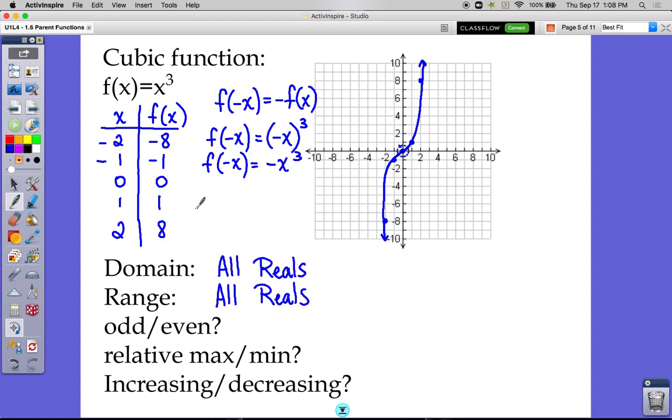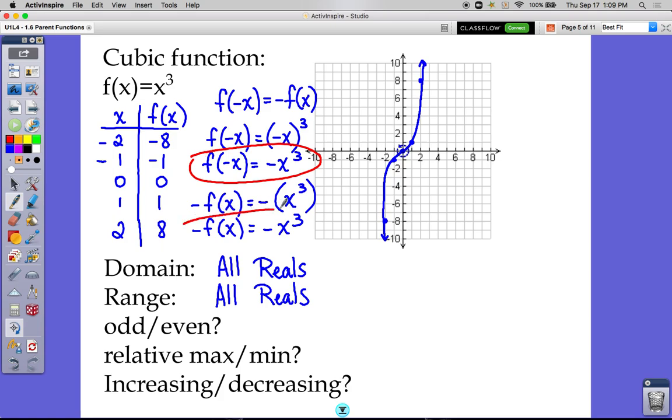Now look what happens when I try to do -f of x. That is telling me to take the whole function, which is x cubed, and make it negative. So -f of x is equal to -x cubed. Notice right here, f of -x and -f of x match. They're exactly the same.